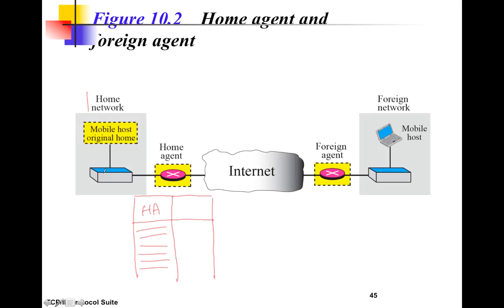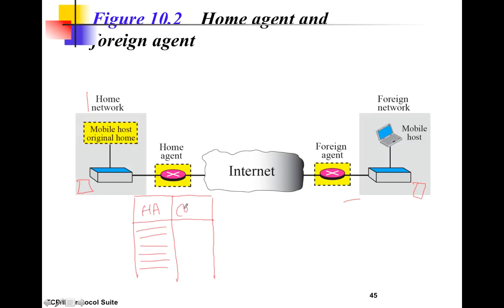But if my device moves and joins the new foreign network, okay, the home agent will come to know through the foreign agent the care of address, a temporary address that has been assigned to its mobile.